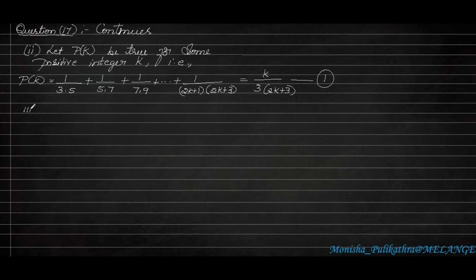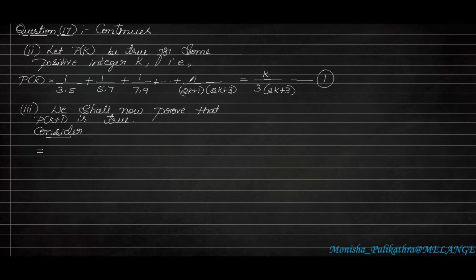In the third step, we have to prove that P of k plus 1 is also true. So we shall now prove that P of k plus 1 is true. To prove this, we have to consider the previous equation one more time, and in the place of k, we include k plus 1.